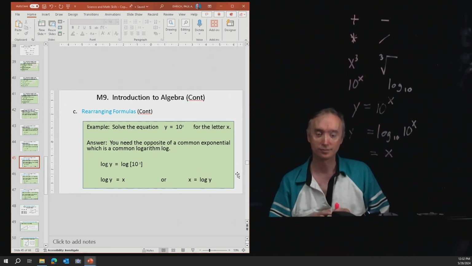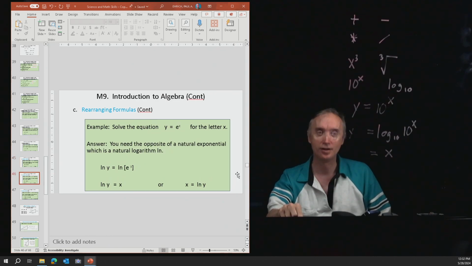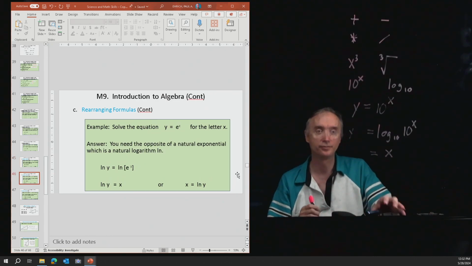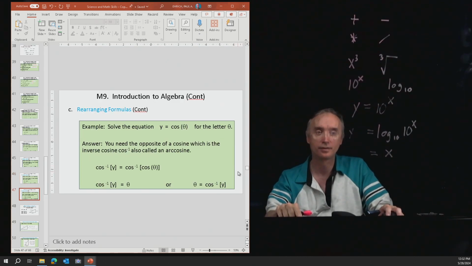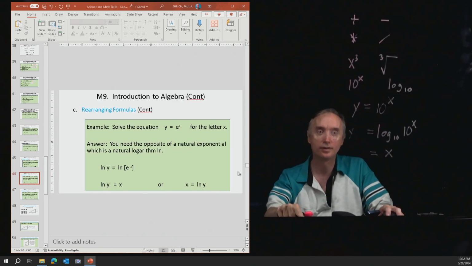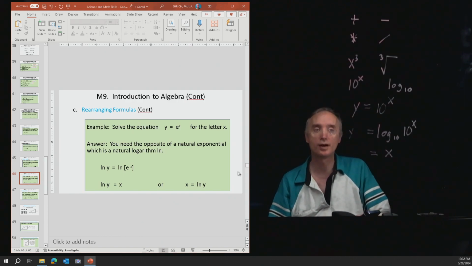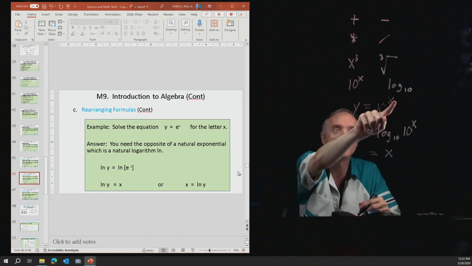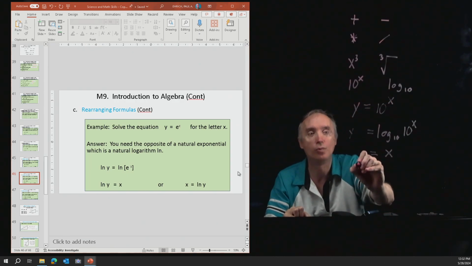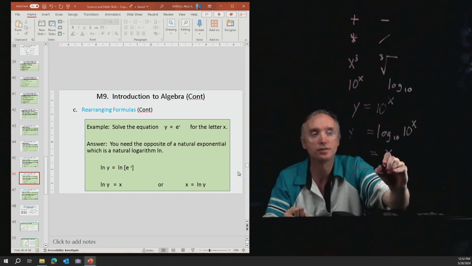Well, it gets worse. So let's go now to our next one here. And now we want to talk about the natural logarithm, because this time instead of y being equal to 10 to the x, y is going to be equal to e to the x.